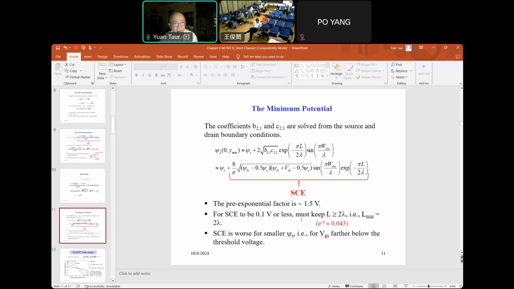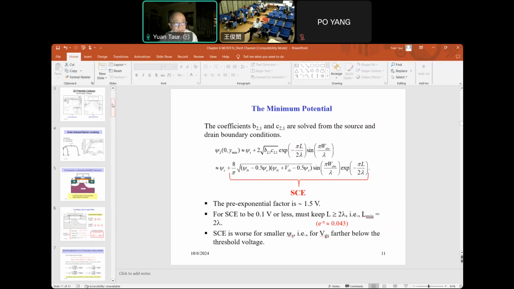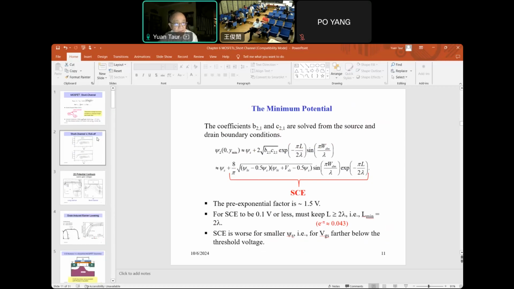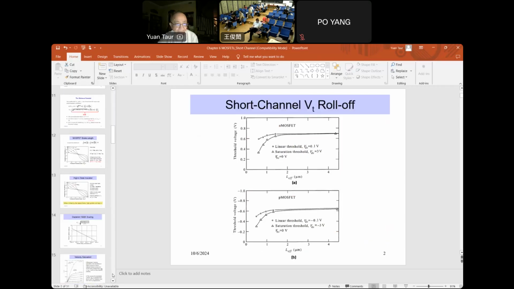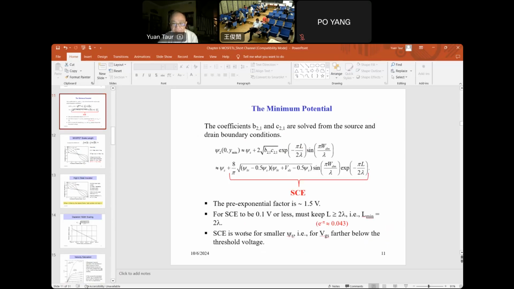In other words, if we go back to the short channel roll-off, L equal to 2 lambda is somewhere around here, when the threshold voltage starts to go down with shorter channel length. So this problem is now simplified to finding out what lambda is.